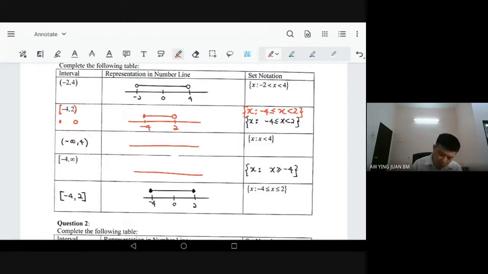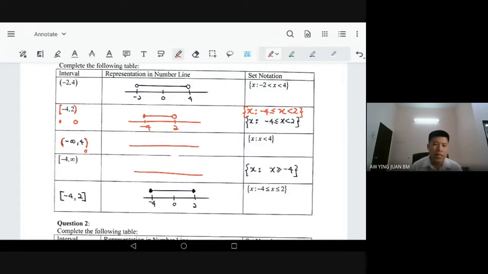Okay? So another one, we have parentheses on both sides, meaning not included. Then a little bit special for negative infinity, because infinity or negative infinity shows that we don't know the number. Too many possible answers.